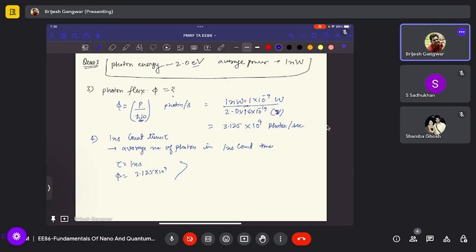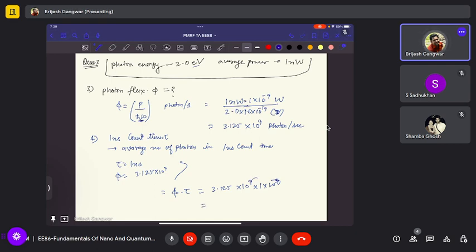Then the average photon in count time will be flux multiplied by tau. So you can write 3.125 multiplied by 10 to power 9 into 1 into 10 to power minus 9.